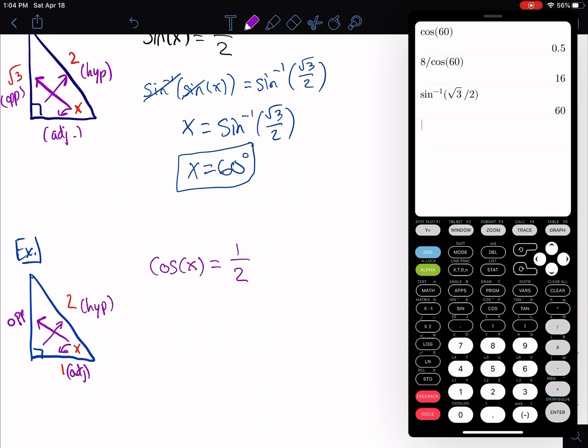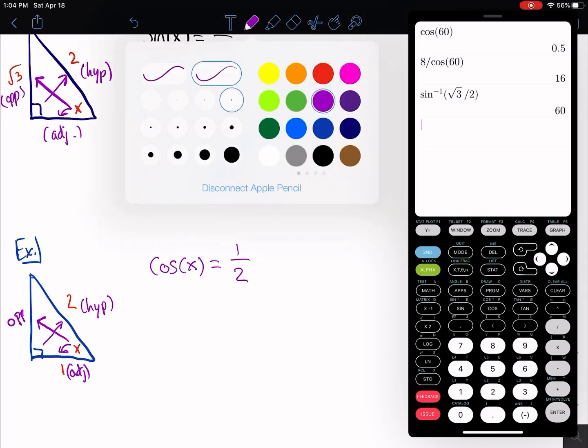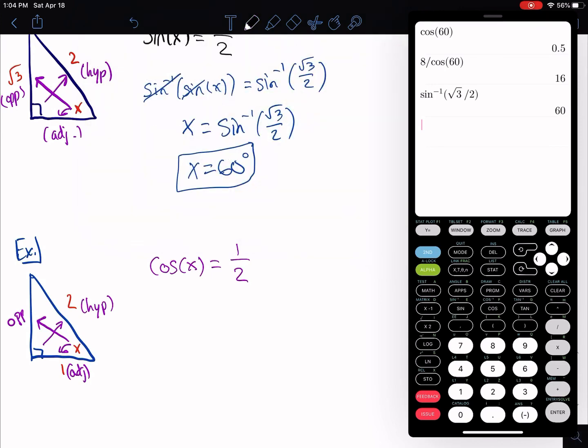Again, they're asking us to solve for the angle. So to do it this time without any of that fancy stuff, it's simply going to be written as x equals the arc cosine of 1 over 2. I'm asked to solve for the angle. If it was just like the first assignment, I'd just leave it as 1/2. That's what cosine of x is.